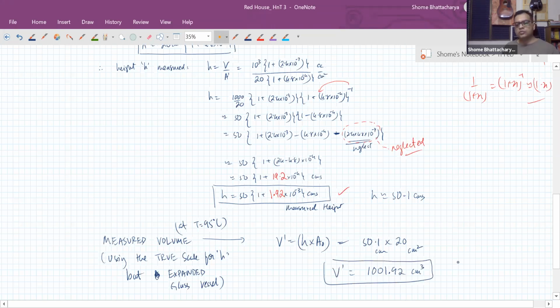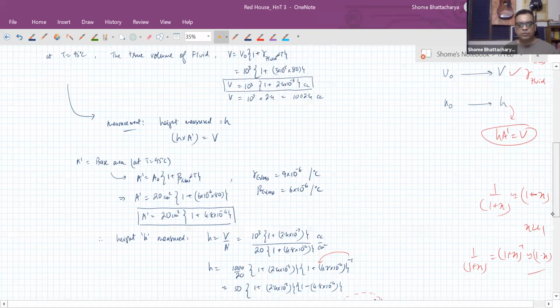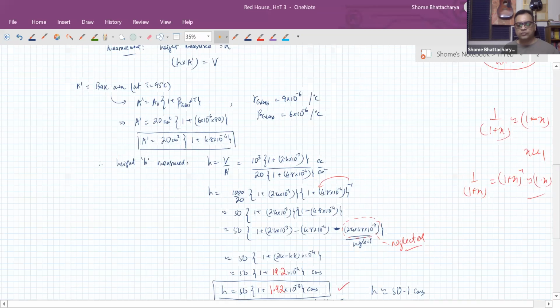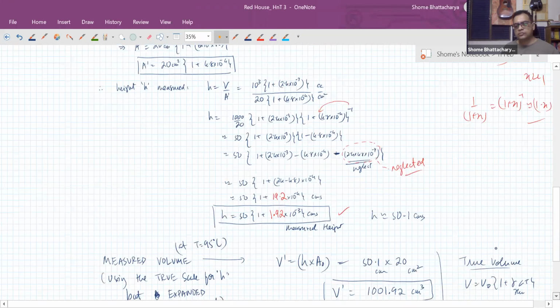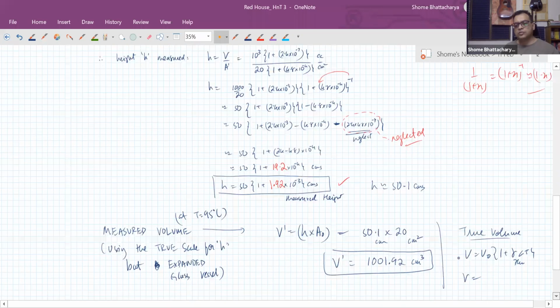This much. This is the measured volume. Whereas the true volume we had seen earlier, the true volume at that temperature was V naught into 1 plus gamma of fluid into delta T, which we had measured to be, how much was the true volume now? It was 1002.4 centimeter cube.